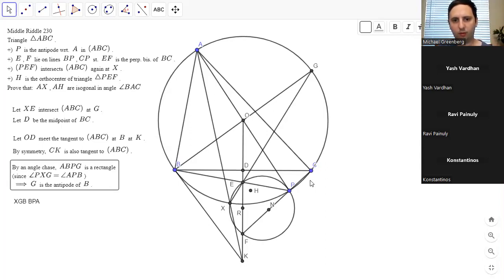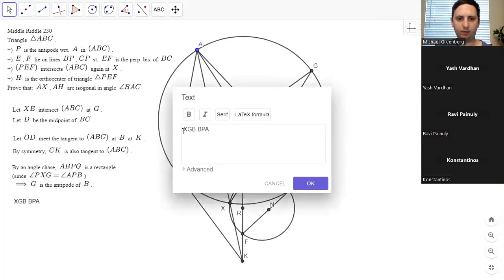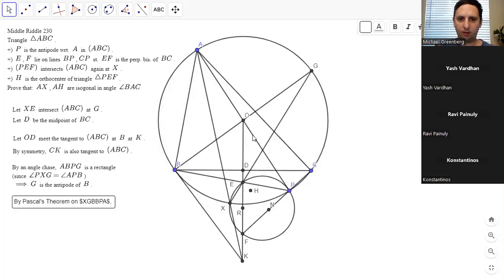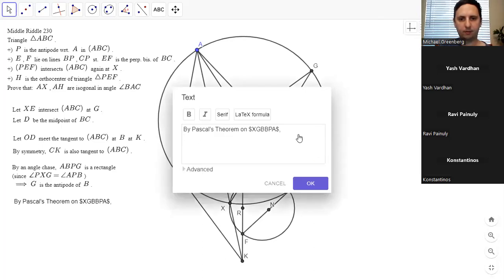All right, so now we can use Pascal's. By Pascal's theorem on X, we have O, K, and E are collinear.